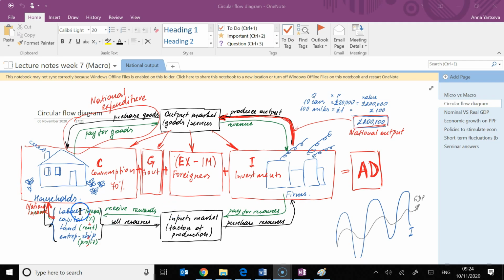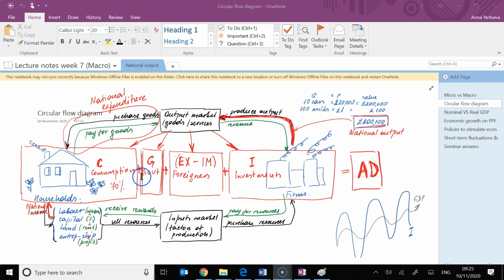As a result, households will receive rewards in return for the services they've provided, in return for their inputs. So workers will receive wages, capital owners will receive interest on the capital they've lent, landlords will receive rent, and entrepreneurs will get profit. So this completes our second flow throughout our economy.